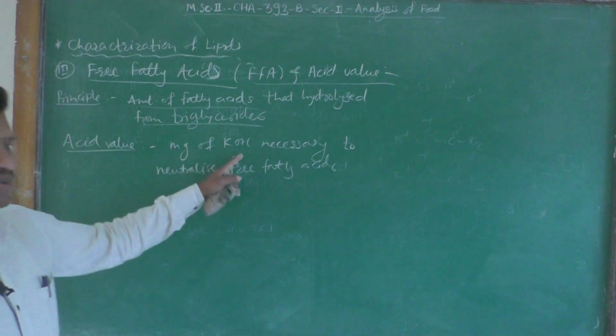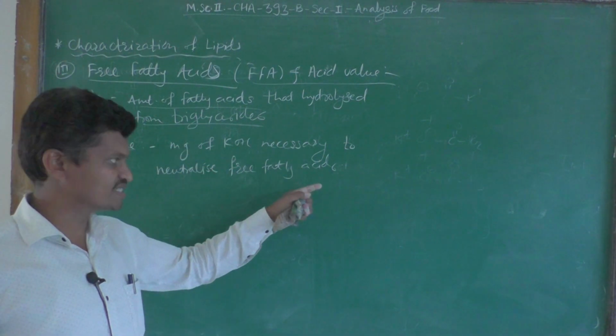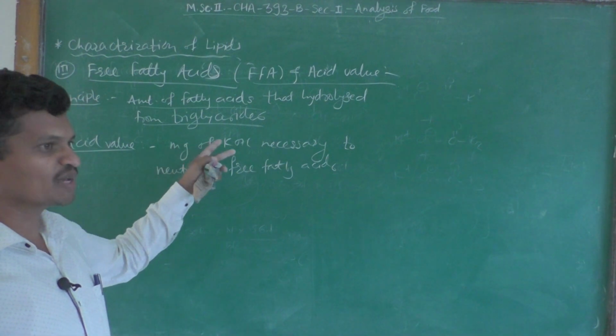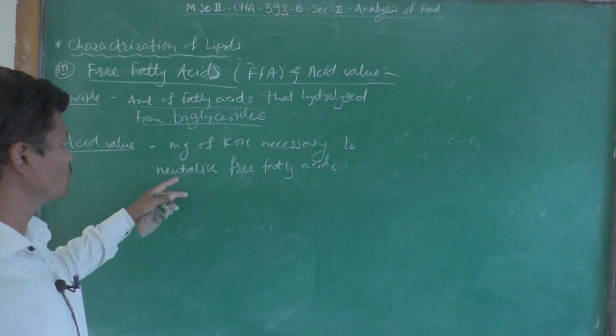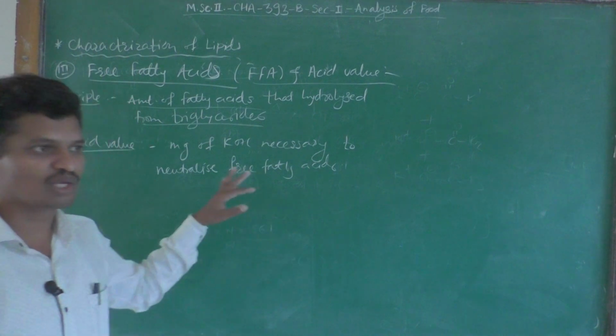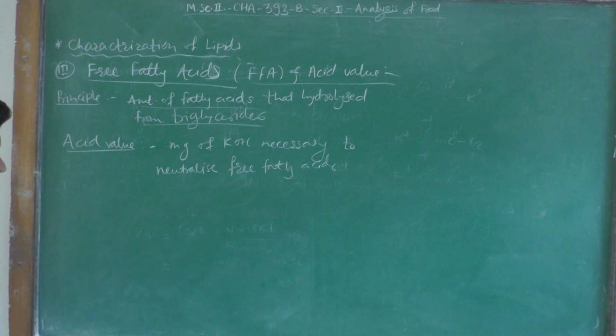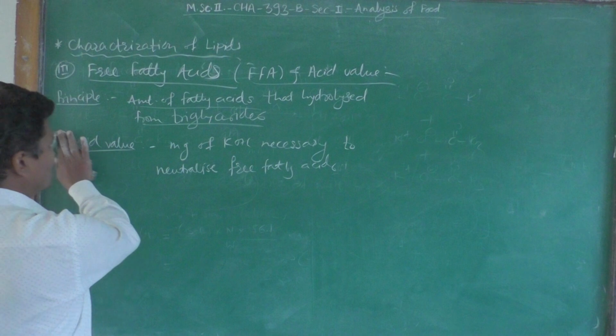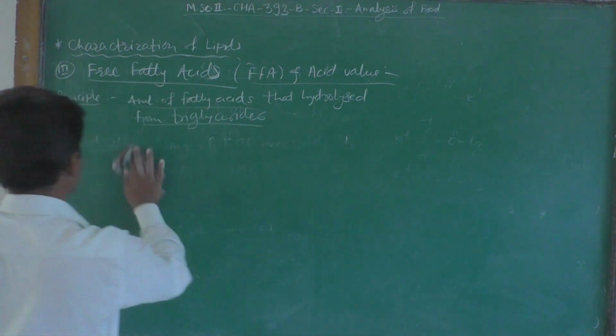KOH is the base and free fatty acids are the acids. So the amount of KOH required to neutralize free fatty acids gives you the acid value. Now the determination of free fatty acids or acid value: the procedure.